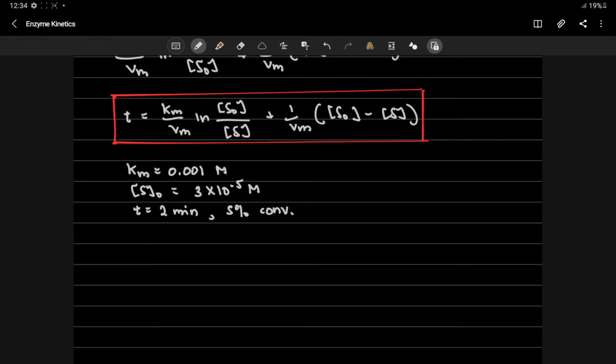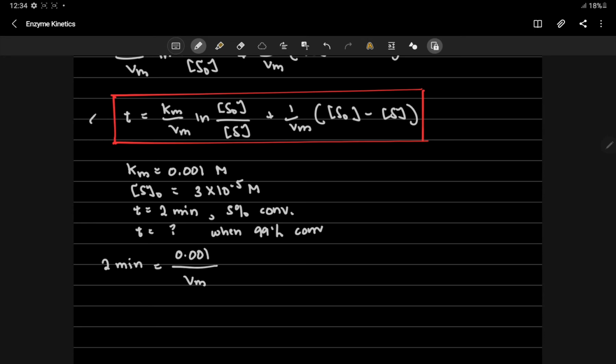So, writing it this way, what is t when 99% yung ating conversion? Okay, so how do we answer this? So we'll just apply the formula, right? T, okay, so let's use this one. So T is 2 minutes equals Km, it's known, 0.001, but Vm is unknown.